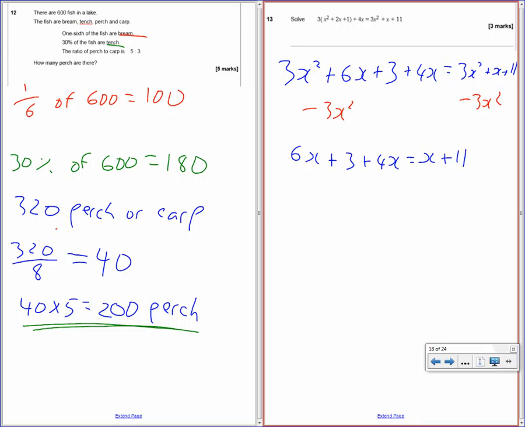So I can simplify the left hand side to get 10x plus 3 equals x plus 11. Then subtract x from both sides, I get 9x plus 3 equals 11. And then if I subtract the 3, I get 9x equals 8.